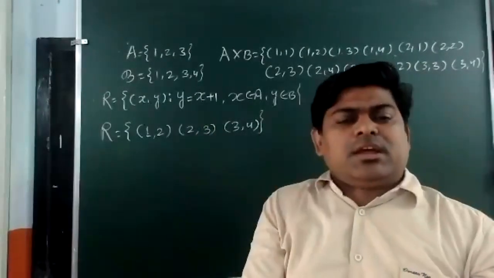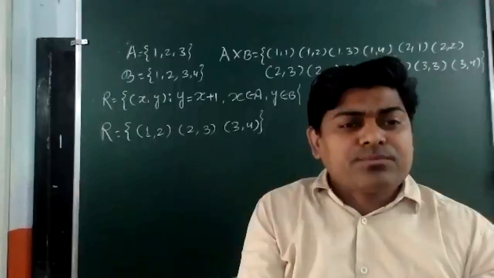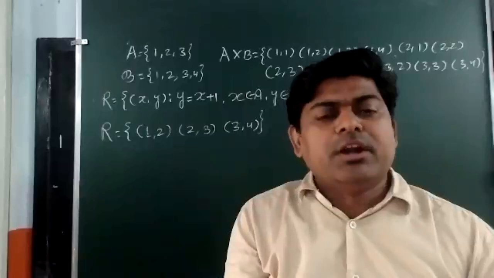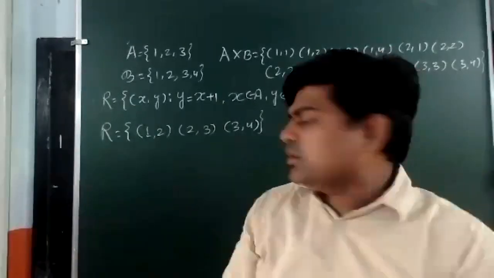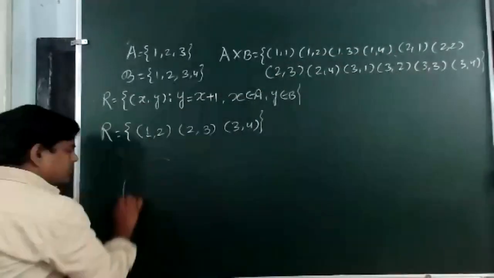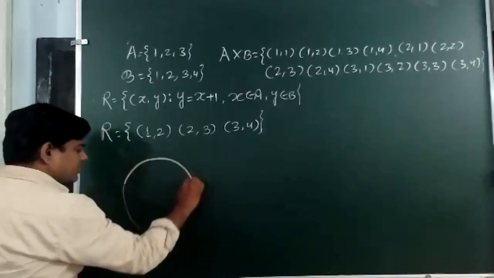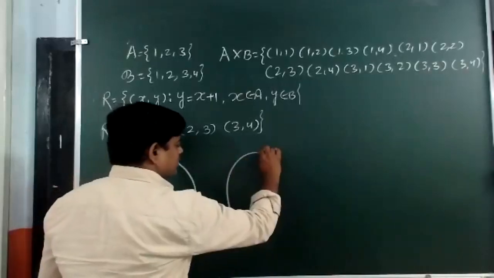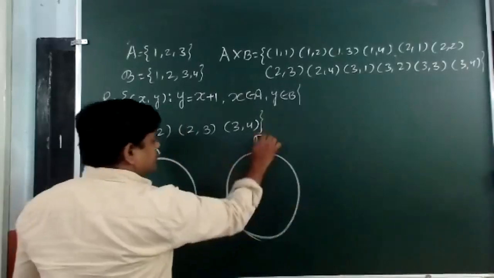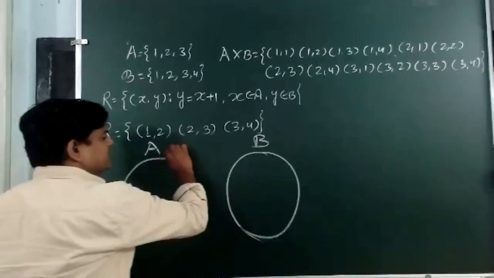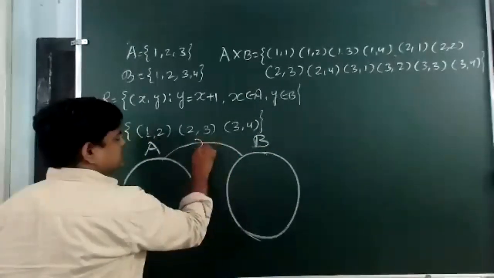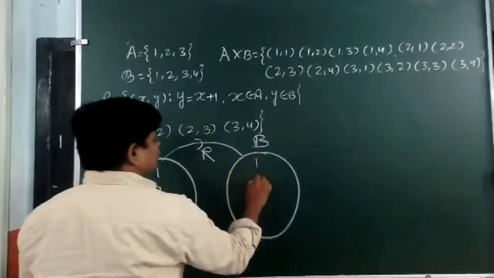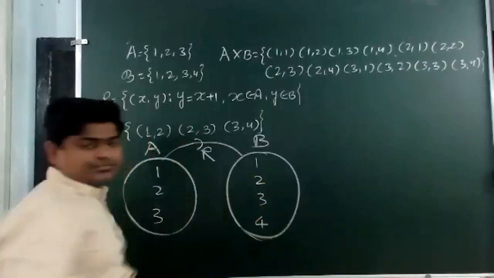Now the same thing if we want to represent with the help of arrow diagram, then I think it is A, it is B, and the relation as defined from A to B, this is R. Elements of this one are 1, 2, 3, and this one are 1, 2, 3, 4.